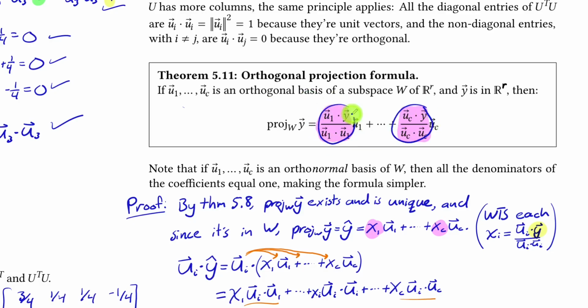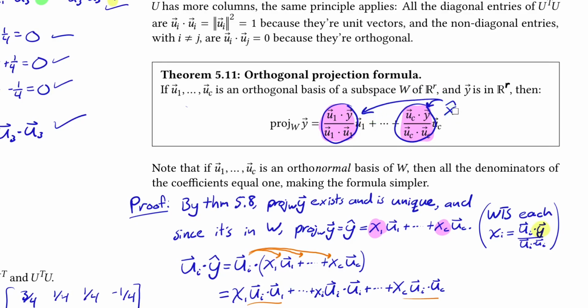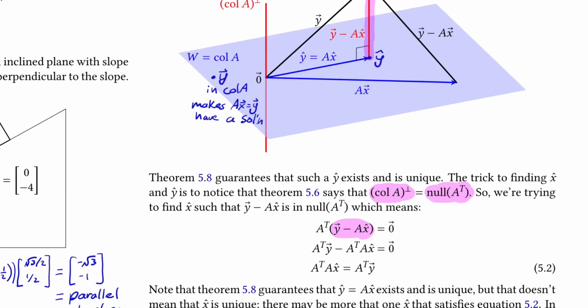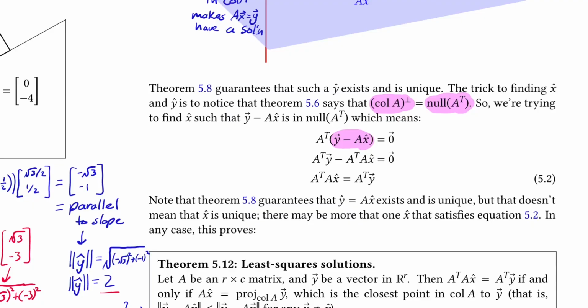This would be like the x hat components here. But we don't have that. So there might not even be unique least squares solutions. There might not be a unique x hat.